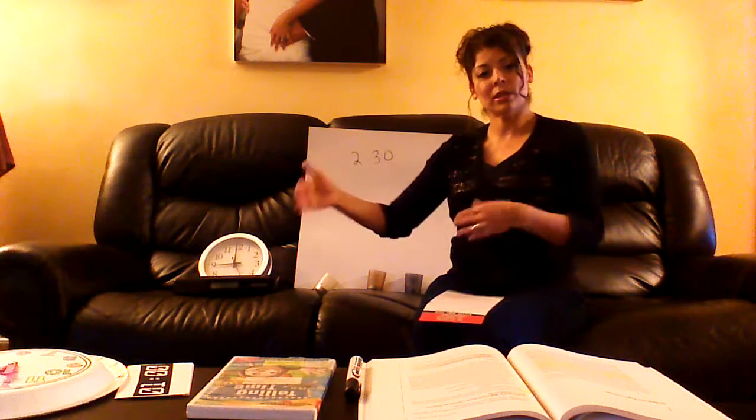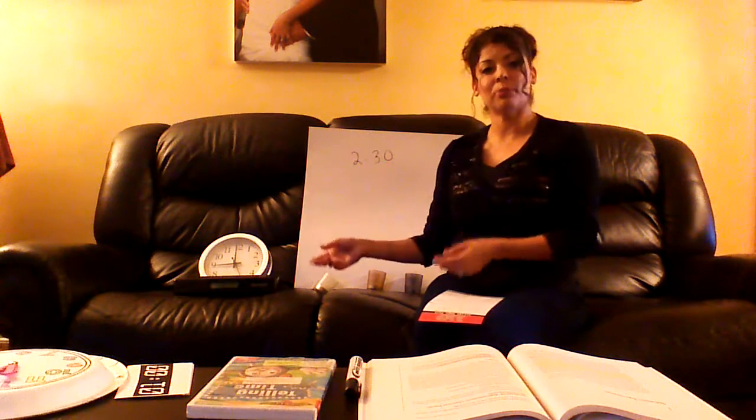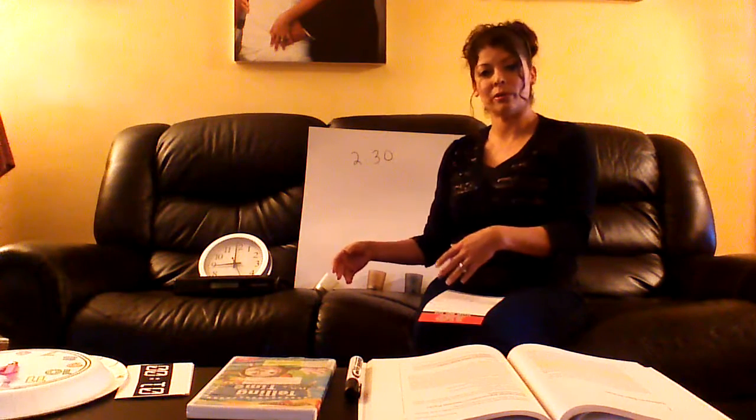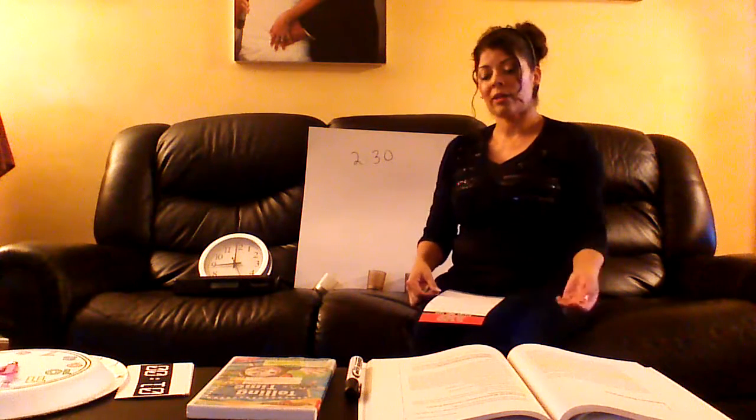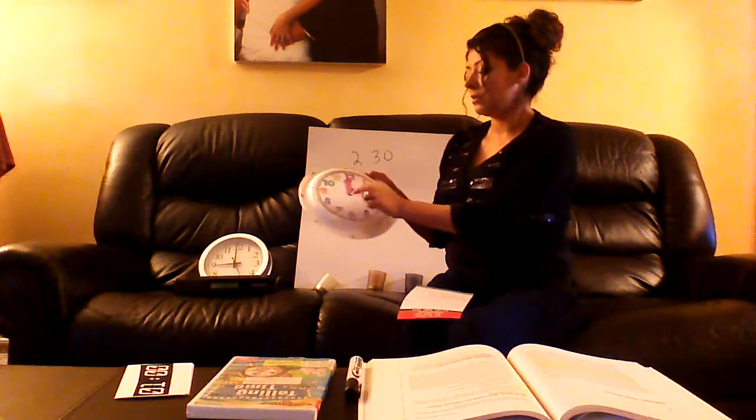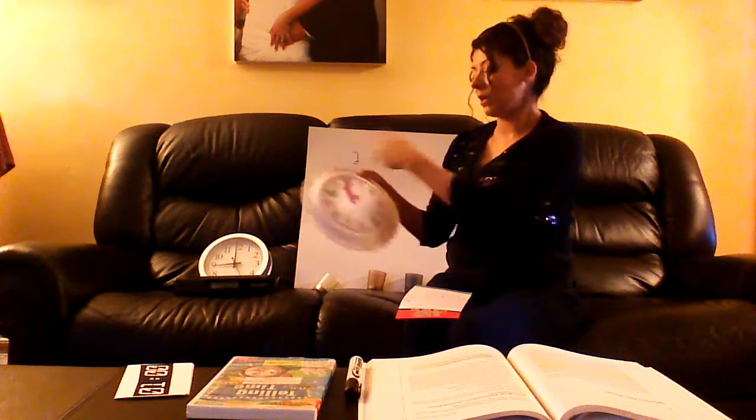Also, I'm going to let them know, okay, after we get in our groups, you're going to be doing a worksheet that I provided with a couple of examples so they could practice what they just learned. And then after that, they will be making a paper clock of their own, just like this. So I'm going to be providing them paper plates, little hands, and little tacks, and have them decorate it.